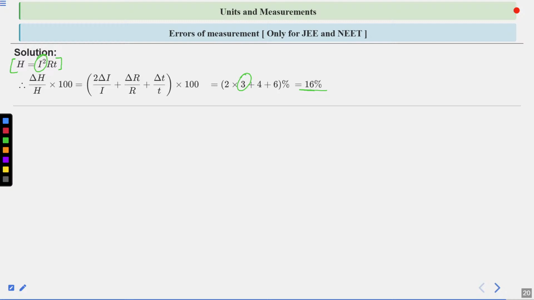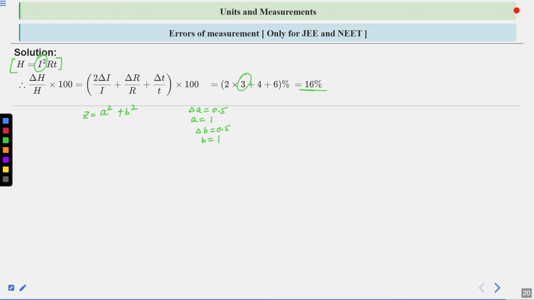Question is, suppose z is equal to a square plus b square, and the value of delta a is equal to 0.5 and value of a is equal to 1 and value of delta b is equal to 0.5 and value of b is equal to 1.